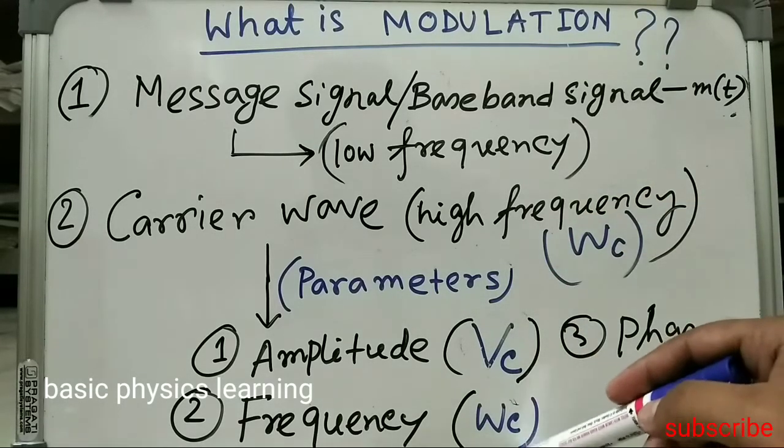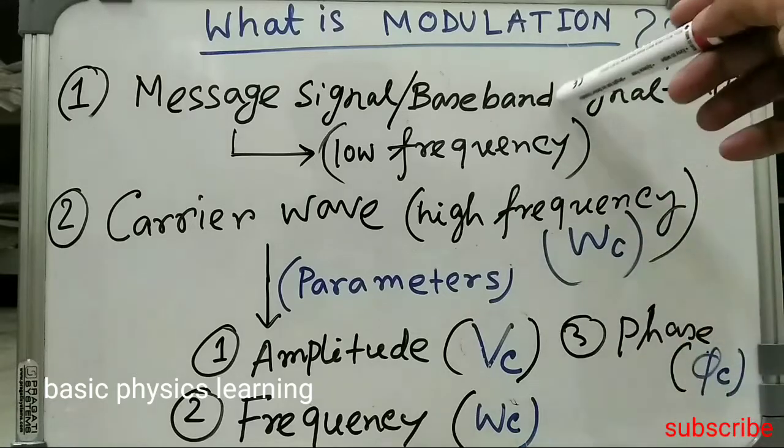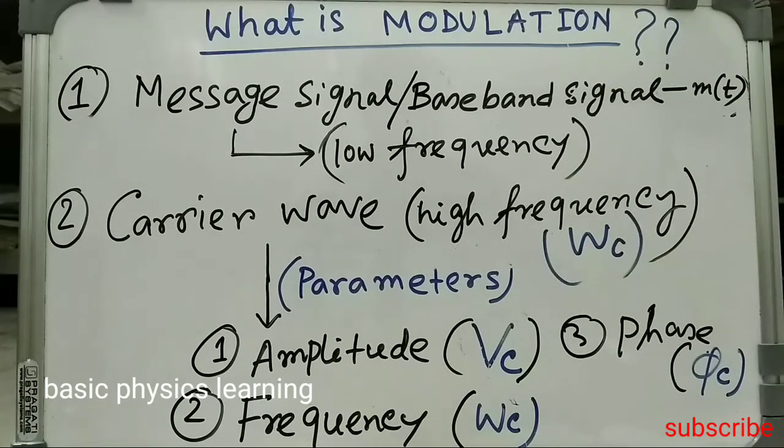If the frequency of the carrier wave varies according to the message signal, it is called an FM wave. At the receiver end, the modulated signal must pass through a reverse process called demodulation in order to reconstruct the message signal or the baseband signal.